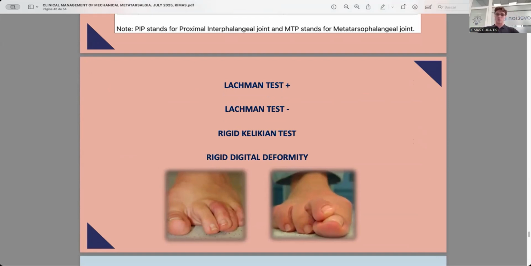digital deformity. Also, if the patient has pain in the anterior metatarsal area, but the Lachman test is negative and grip strength is normal, there is no clear sign of a plantar plate lesion. In this case, using Fixtoe will be inappropriate, because it could stimulate a functional hallux limitus.